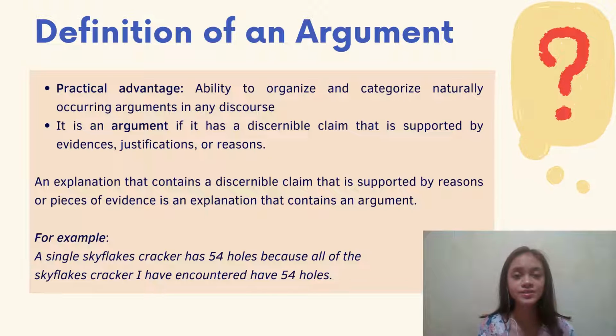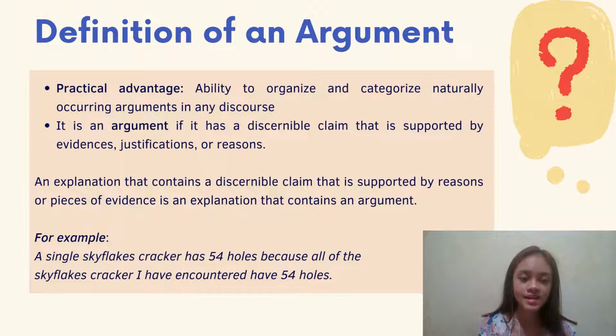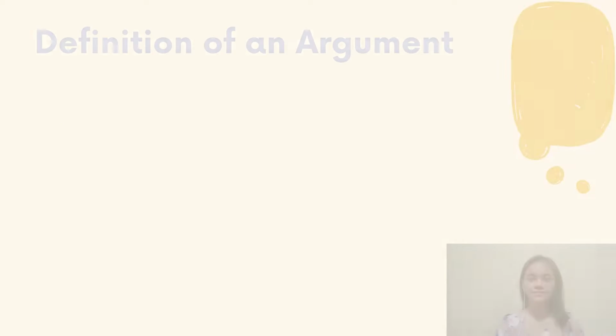An explanation that contains a discernible claim that is supported by reasons or pieces of evidence is an explanation that contains an argument. For example, a single skyflakes cracker has 54 holes because all of the skyflakes crackers I have encountered have 54 holes.